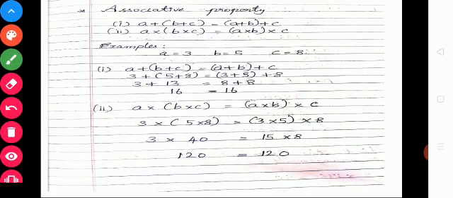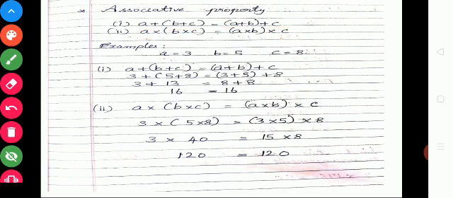And then next, associativity of addition and multiplication. Look at the property. (a plus b) plus c is equal to a plus (b plus c). And the next one, (a into b) into c is equal to a into (b into c). Look at that example.